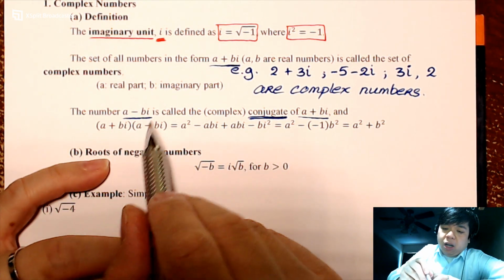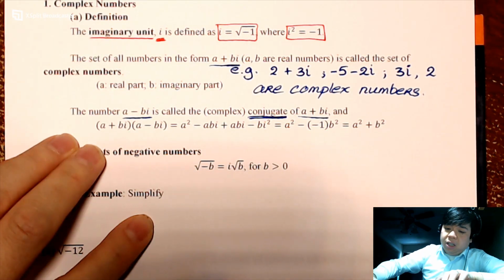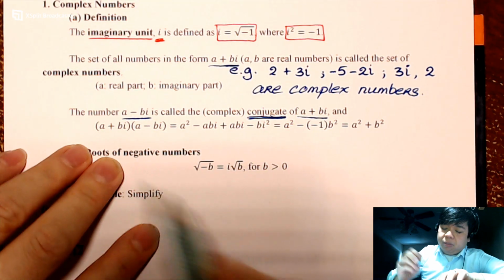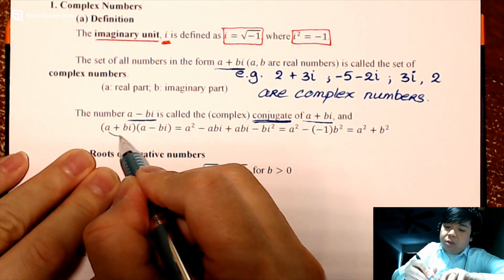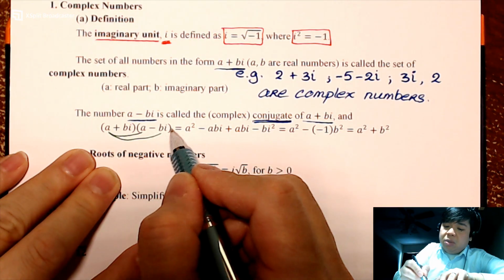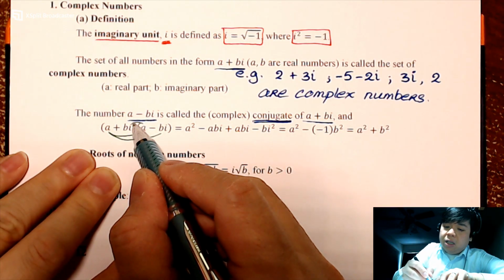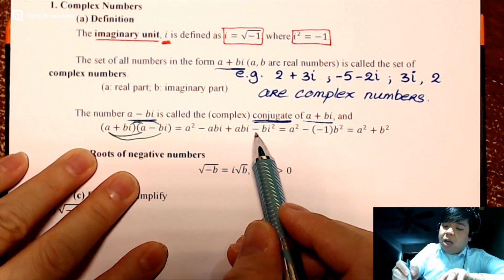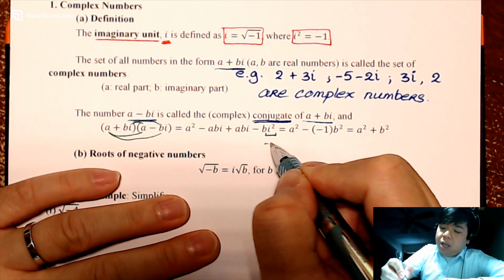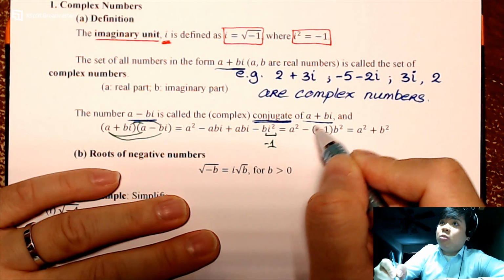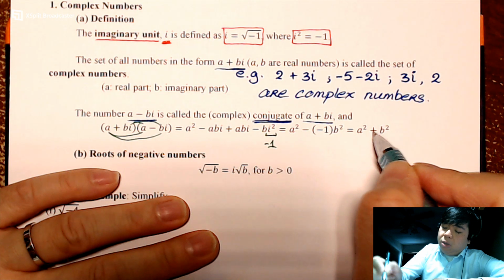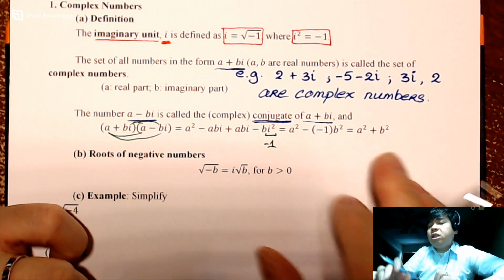When we multiply, we just multiply them out. a plus bi times a minus bi, we have a squared, minus abi plus abi, minus b squared i squared. i squared here is -1, and that's why the negative turns into a plus. We'll get back to this in chapter 3.